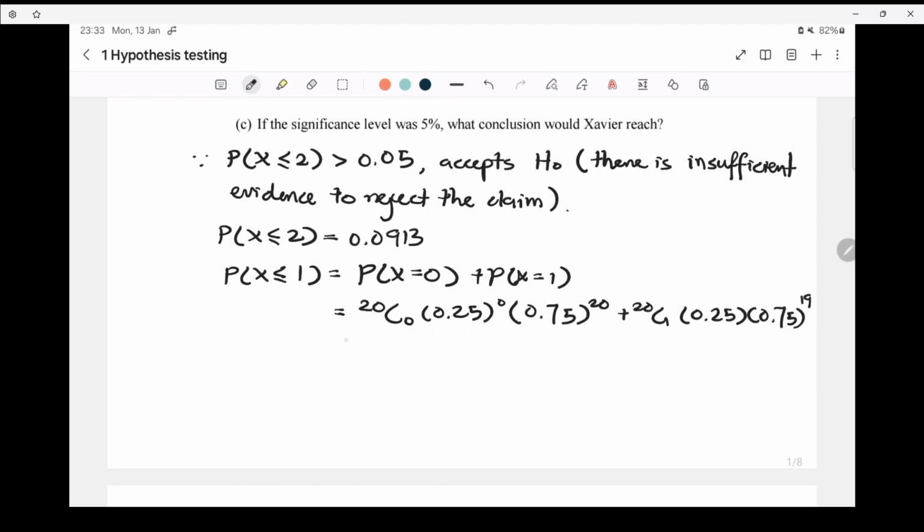So this is indeed 0.0032, and this is 0.0211.